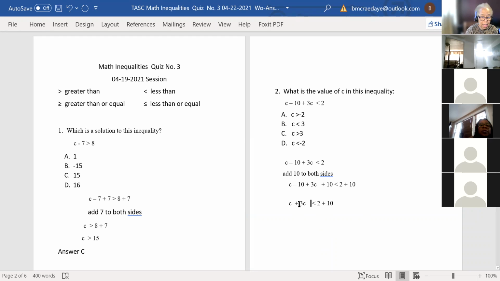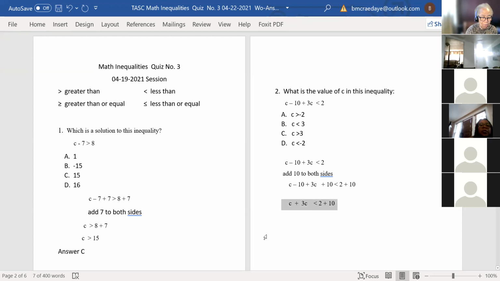Now you see you have C plus 3C. What is that equal to? C plus 3C, that's 4C. Right, very good, Mercedes, because you just add the coefficients.